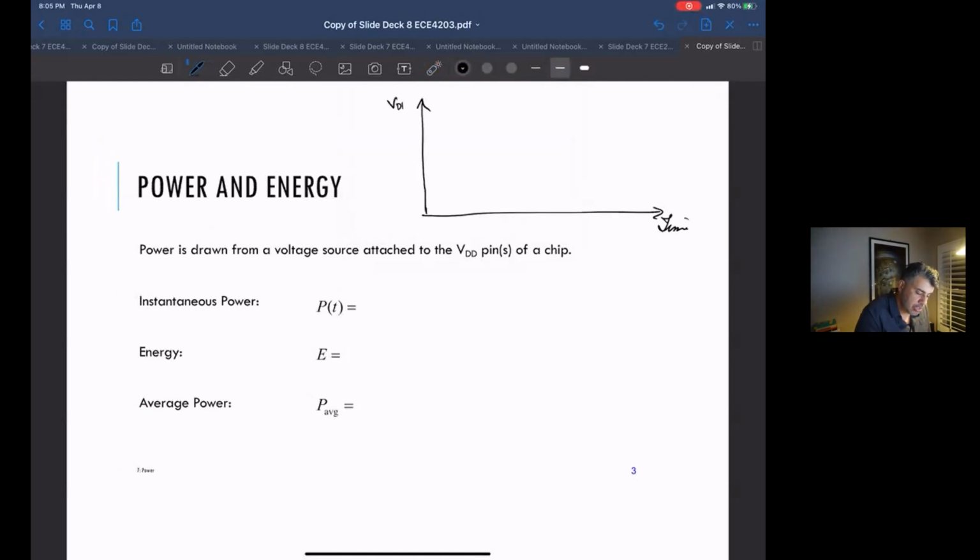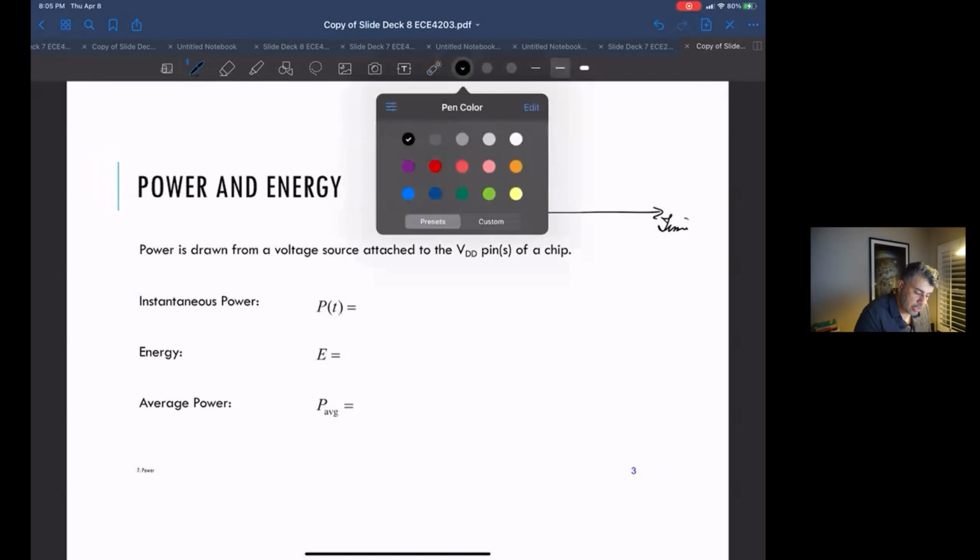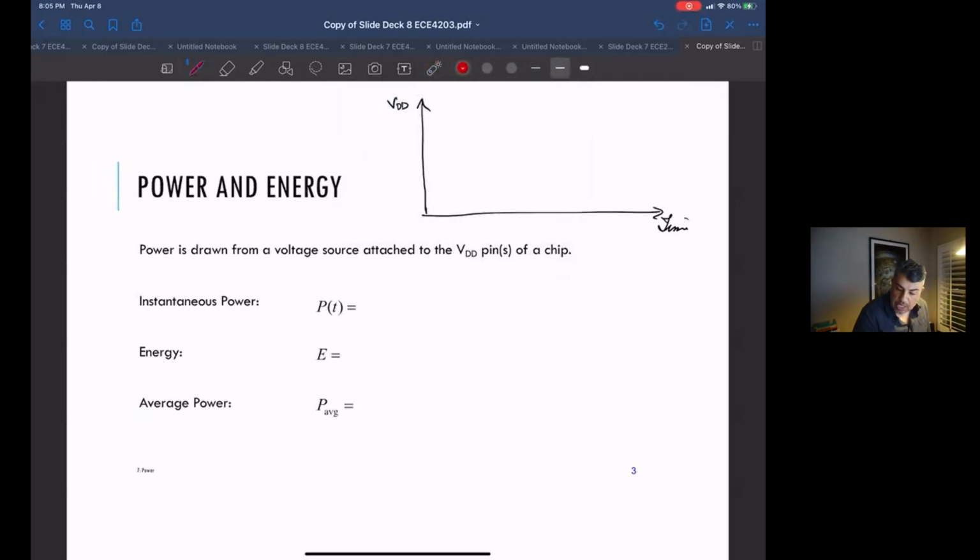So this is the power supply. The power supply would be, for the sake of discussion, a pretty good power supply, so it would be at 1.8 volts.